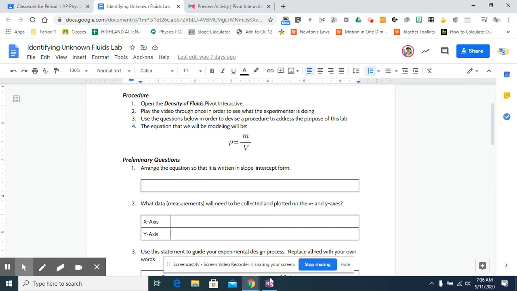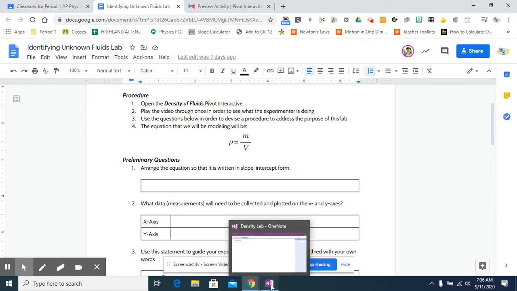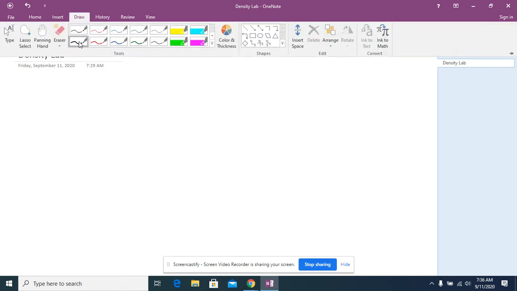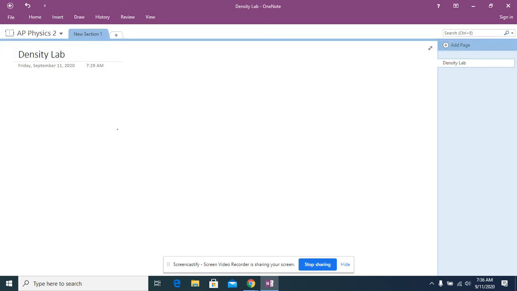Now I'm going to go over here to OneNote so we can do this. And I apologize, I don't write very well with a mouse, but I'm still going to use it. What I would do is take my equation, which is rho equals m over v, mass over volume. And this experiment is asking us to determine a density.